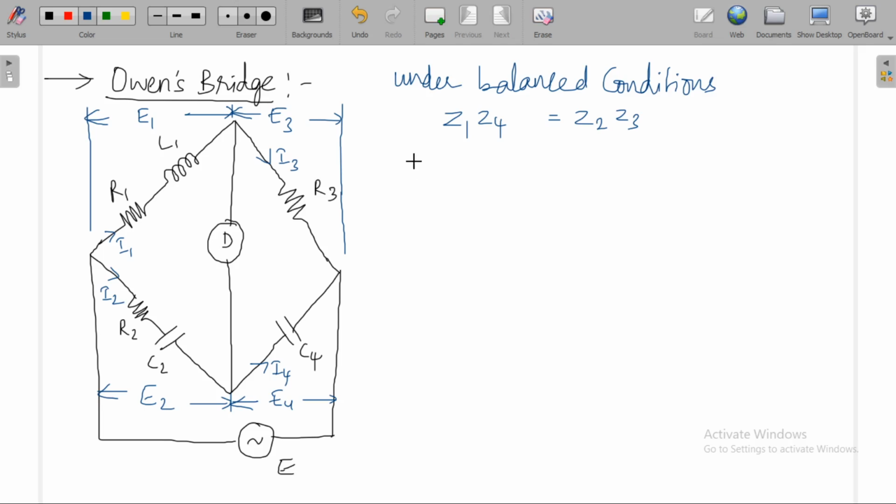What is Z1? Z1 is R1 plus j omega L1. What is Z4? Z4 is 1 by j omega C4. What is Z2? Z2 is R2 plus 1 by j omega C2. Z3 is R3.